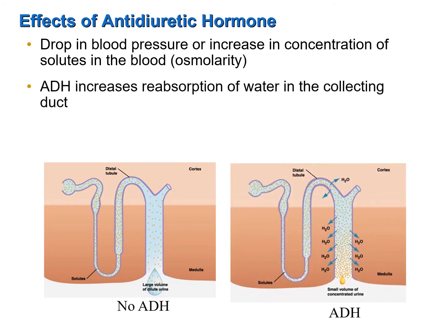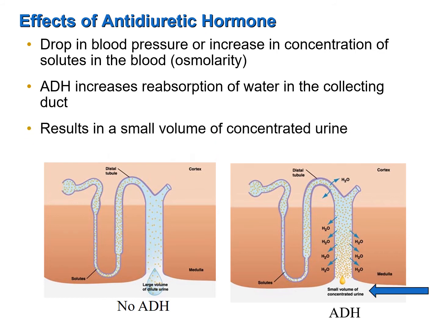Antidiuretic hormone targets the kidneys, causing an increase in the reabsorption of water from the collecting duct. This results in a smaller volume of concentrated urine. Again, if you're not consuming sufficient amounts of fluids, you produce less urine, and that urine tends to be darker in color.